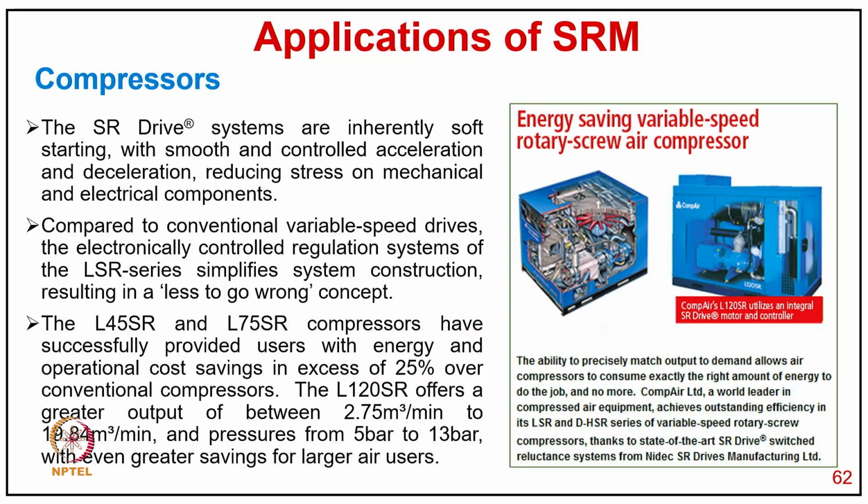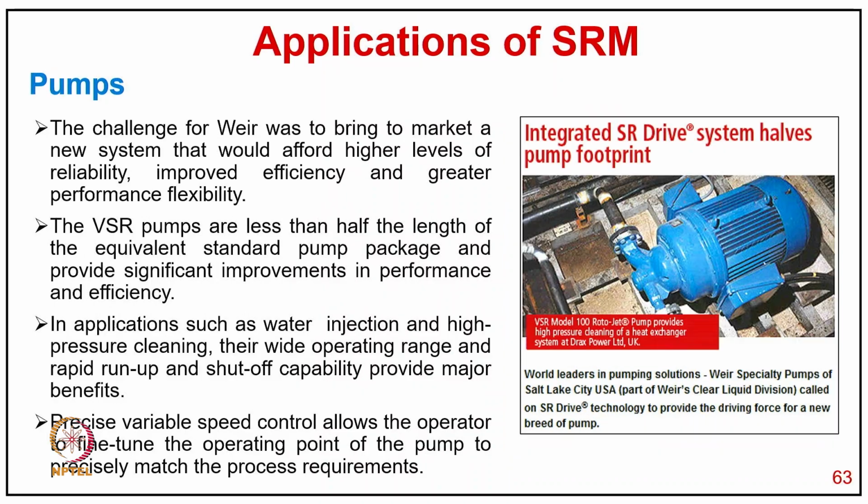The L45SR and L75SR compressors have successfully provided users with energy and operational cost savings in excess of 25% over a conventional compressor. The L120SR offers a greater output of between 2.75 cubic meters per minute and 19.84 cubic meters per minute, with pressures from 5 bar to 13 bar, and even greater savings for large air users. Typical photograph of an energy saving variable speed rotary screw air compressor.